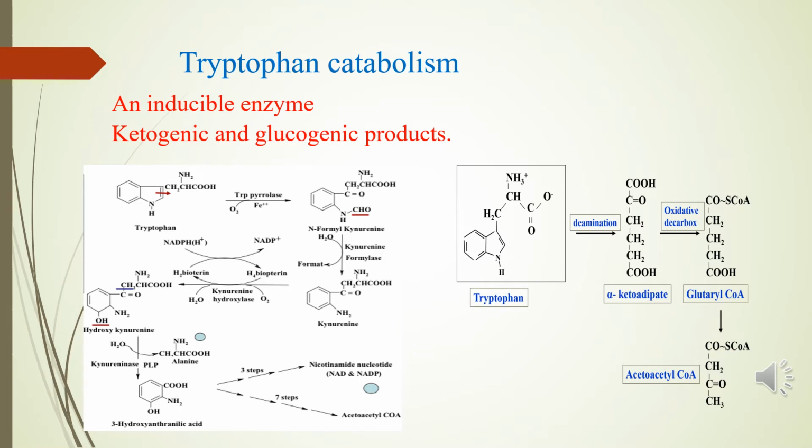This enzyme is an inducible enzyme in the liver by corticosteroids and also by tryptophan itself, and is inhibited by nicotinic acid derivatives including NADPH. The catabolism of the amino acid tryptophan and some other amino acids will finally end in acetyl-CoA and glucogenic intermediate production.